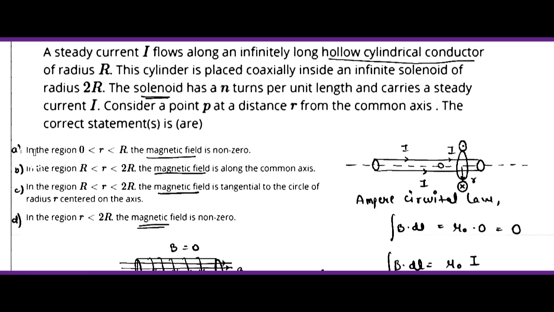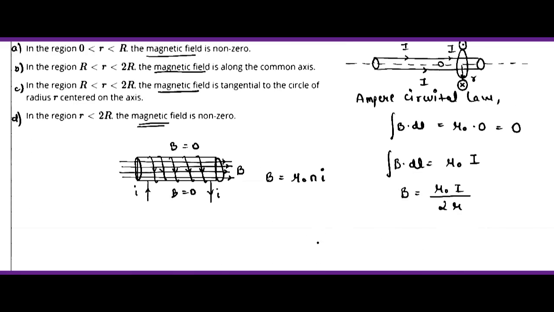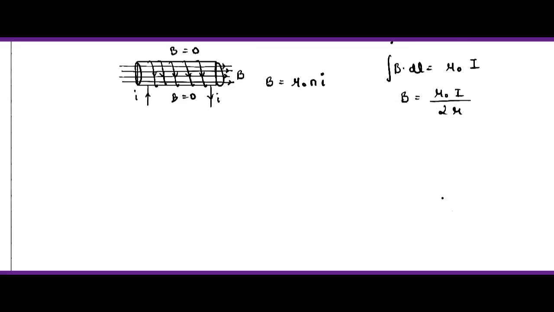So we are having, in the region 0 to R, less than capital R, the magnetic field is non-zero. Let me draw the figure for this. We are having a solenoid like this, inside which a hollow cylinder is placed.